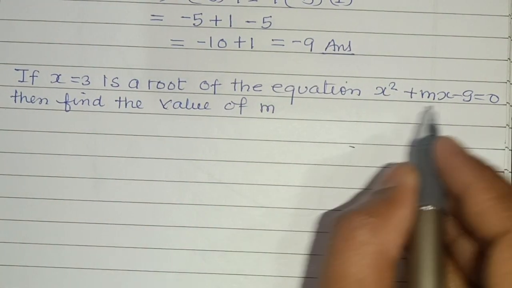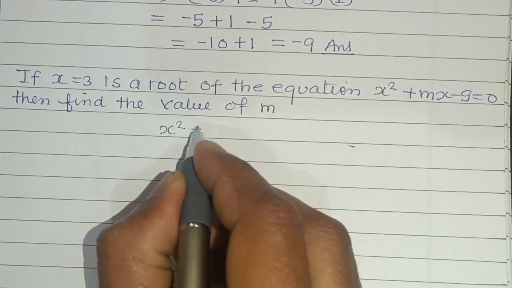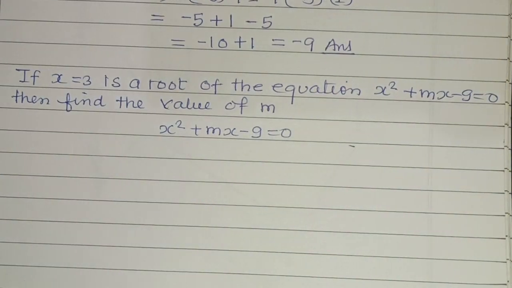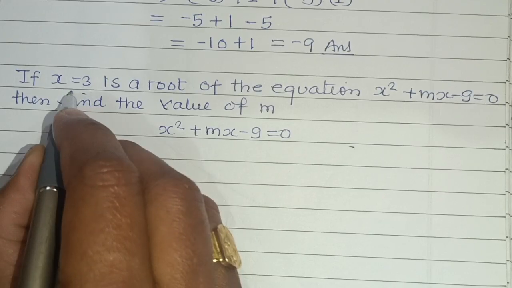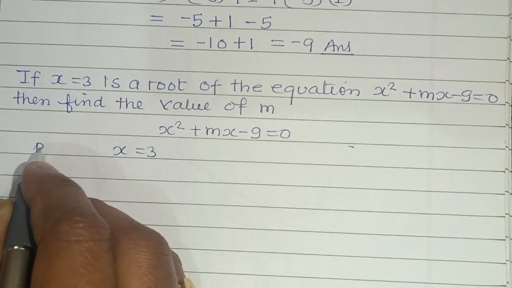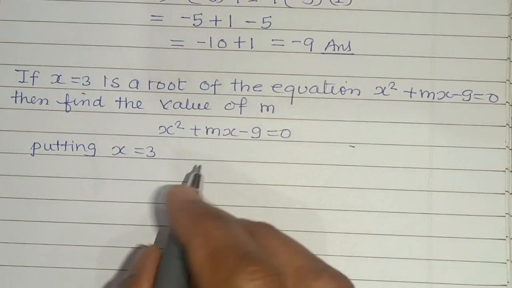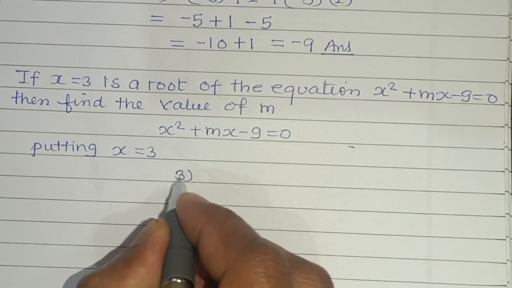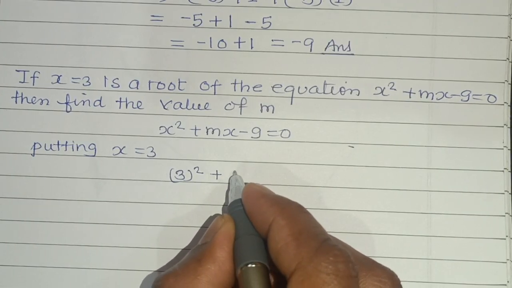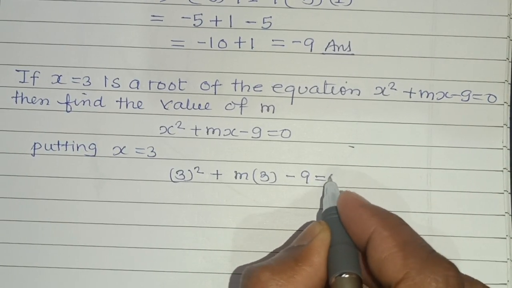So we will write this equation first. Now we will put the value of x. So putting x equal to 3, what we will get? We will get 3 squared plus m into 3 minus 9 is equal to 0.